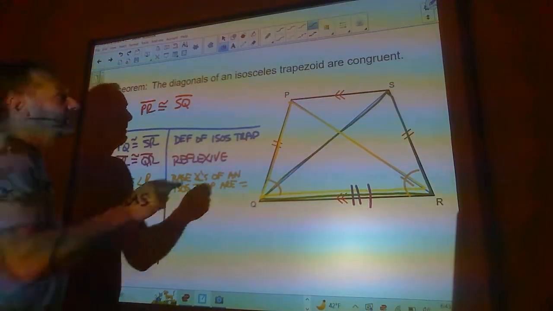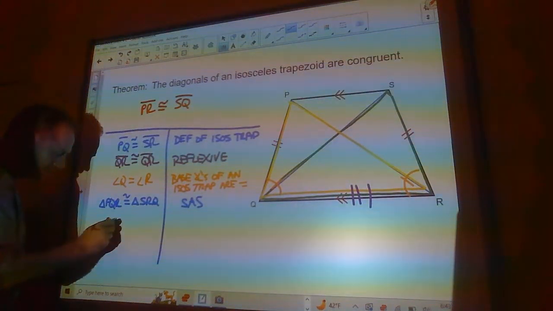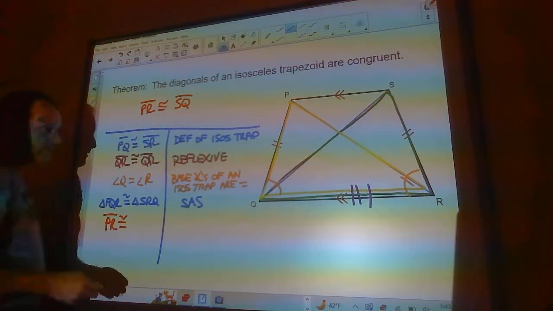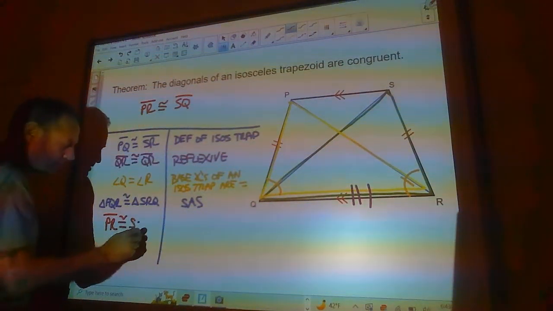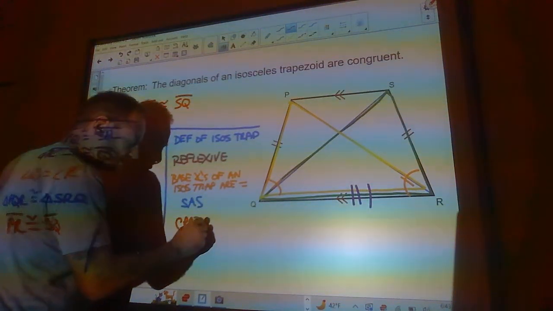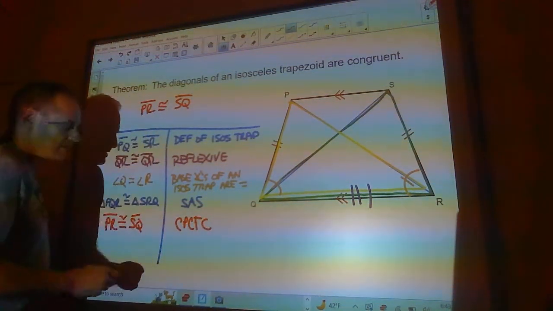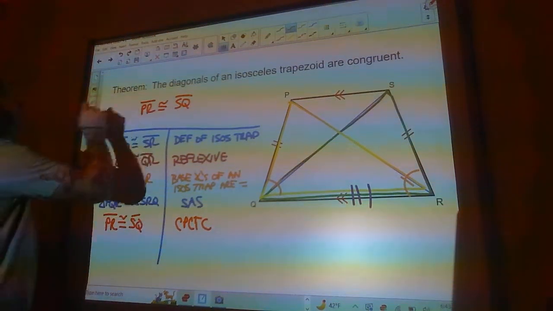And then that just means that PR, in the yellow triangle, has to be equal to SQ of the green triangle by corresponding parts of congruent triangles are congruent, CPCTC. And we're done. So we've proven this theorem right here.